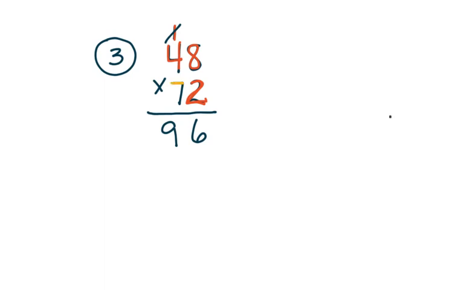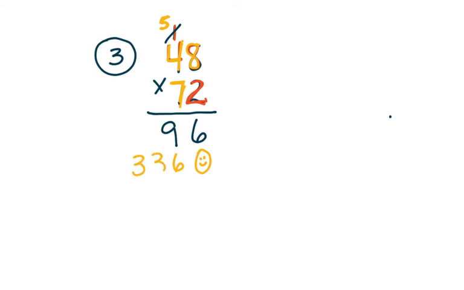Now we're going to start multiplying the tens place. So I'm going to occupy that ones place with a 0. I always call it the happy 0, so I don't forget to put it there. 7 times 8 is 56. Put down your 6 and carry your 5 over. 7 times 4 is 28. 28 plus 5 is 33.